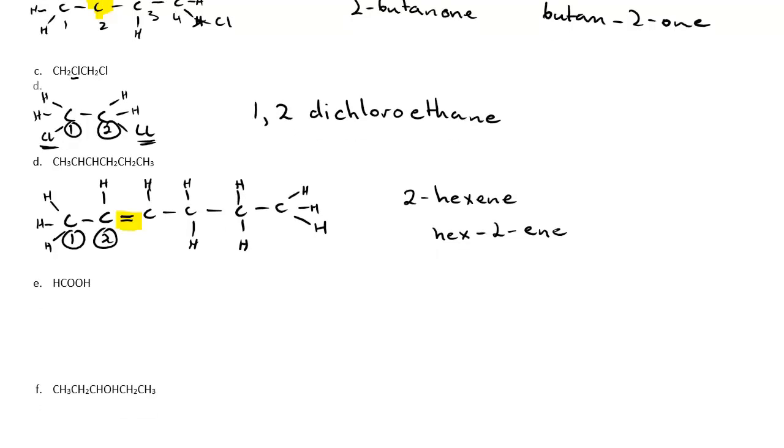Alright, so we've got HCOOH, so that is a carboxylic functional group. Alright, and we've got a double bond O, OH, and just a hydrogen here.